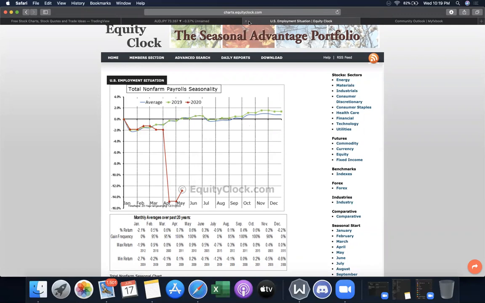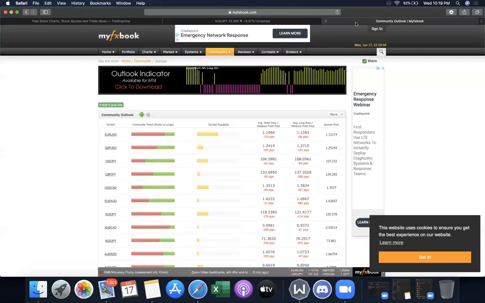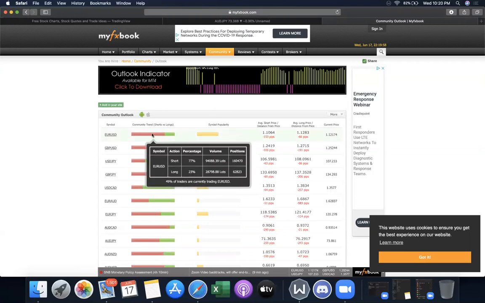The second tool we can use is our community outlook. I would say always follow the directional bias of the seasonality and the price action first, but you could also come in here and look at wherever the majority of traders are going, you should usually do the opposite.